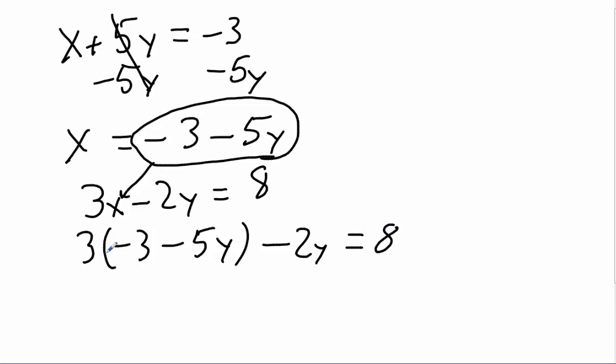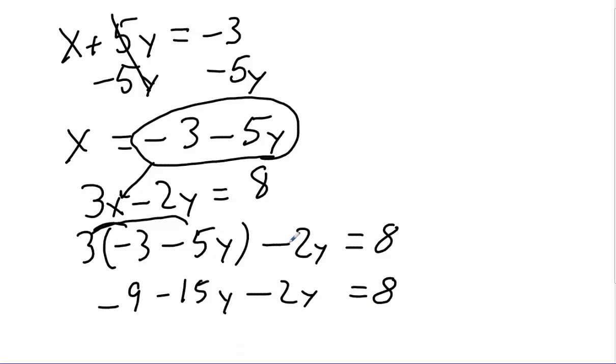Then when we distribute the 3, we get negative 9 minus 15y minus 2y is equal to 8. Combine like terms, and we get negative 9 minus 17y equals 8.